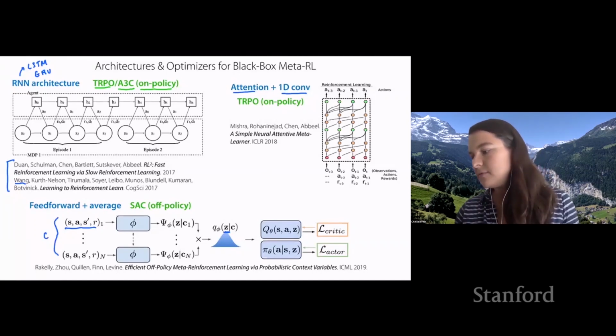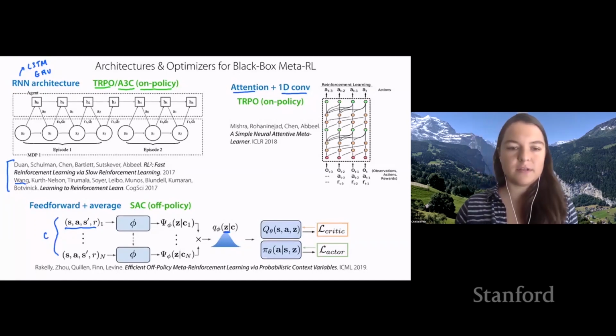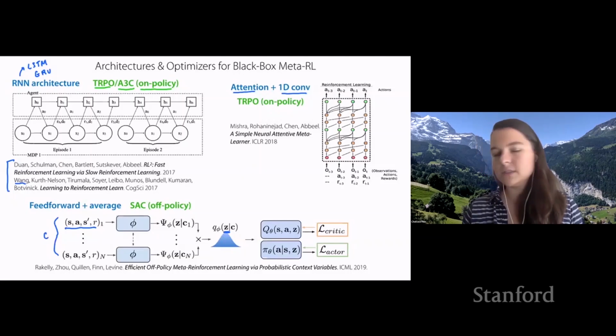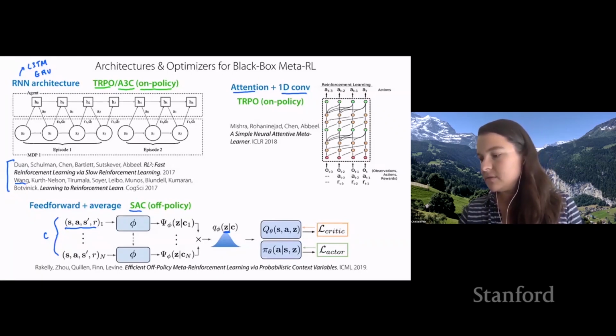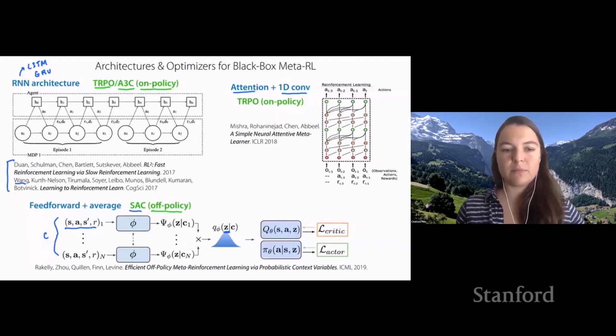And then this embedding of the task is passed to the Q function and the policy, and they use a Q-learning-like method, in particular a method called soft actor critic, to optimize for the tasks. This method is off policy in the sense that they're able to store data in a replay buffer and recall those experiences to train the policy and the Q function.